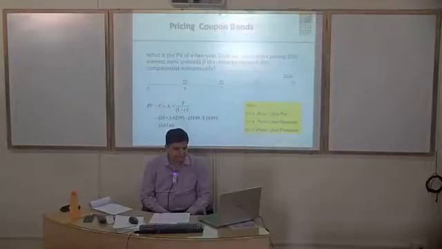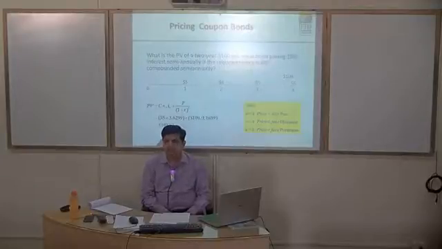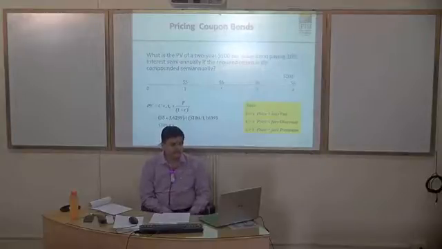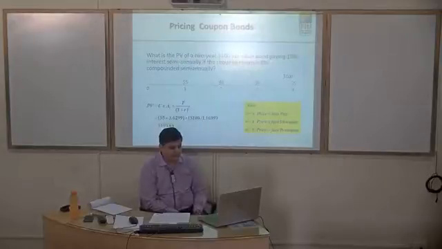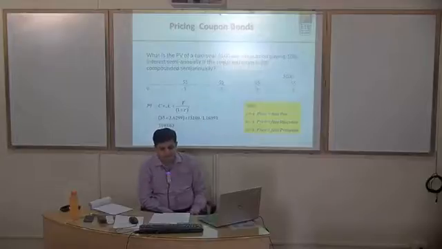So we have a $100 bond paying 10% interest semi-annually. So if it is 10%, it becomes $10 per annum. Semi-annually means for every 6 months, it becomes $5. And if the required rate is 8% compounded semi-annually, this is the math that we arrive at.